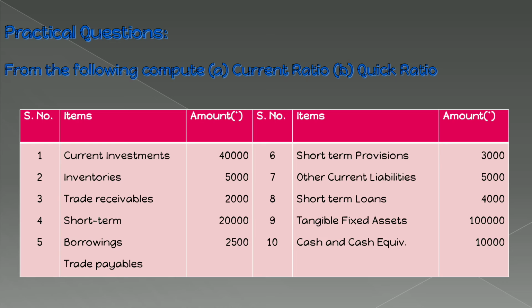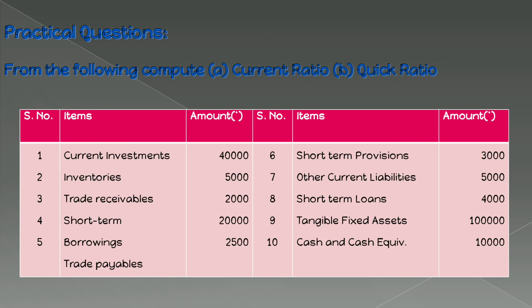Short term provision, other current liabilities, short term loans, tangible fixed assets, and cash equivalent are also given. So everything is here. Now the first ratio we have to calculate is the current ratio.